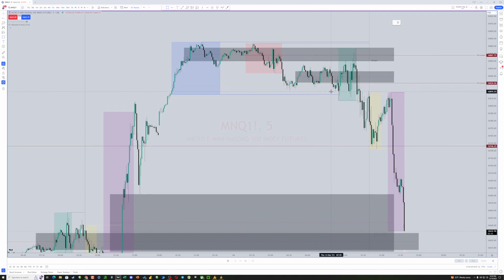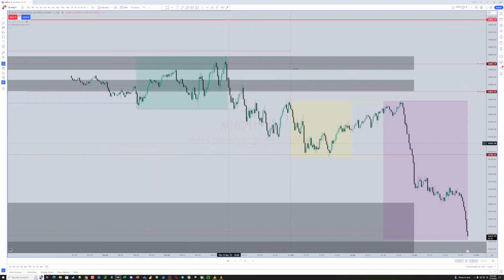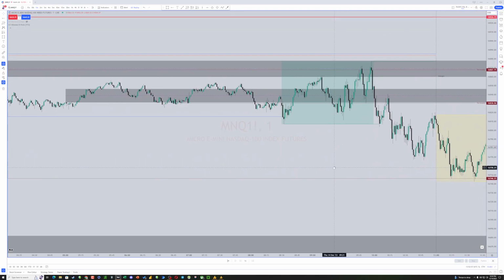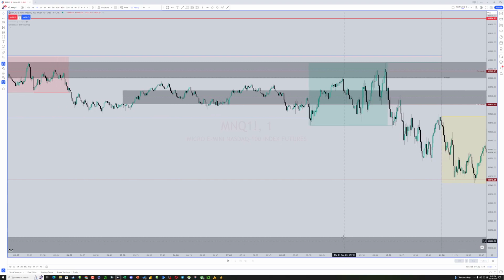Let me just show you how this works. Let me go down to the 1 minute so you can really understand exactly what I'm trying to say. At 8:30, we are thinking, all right, if the bullish bias is going to hold intact, then it needs to hold this at 9:30.